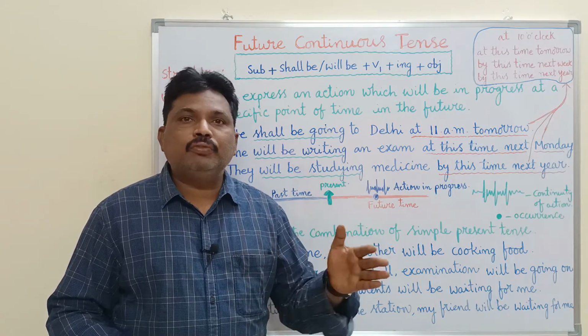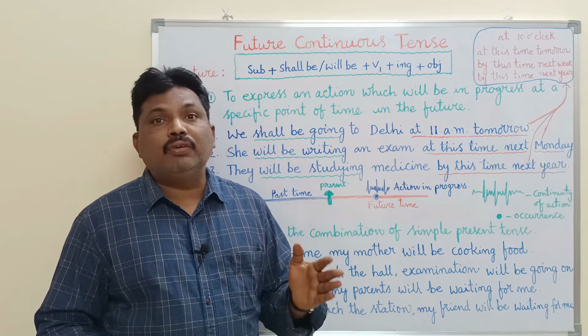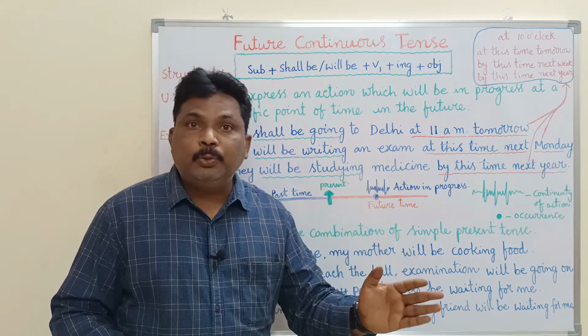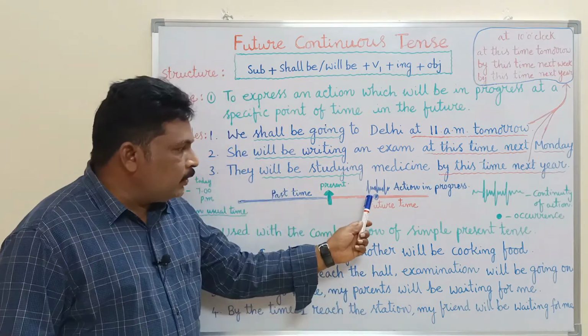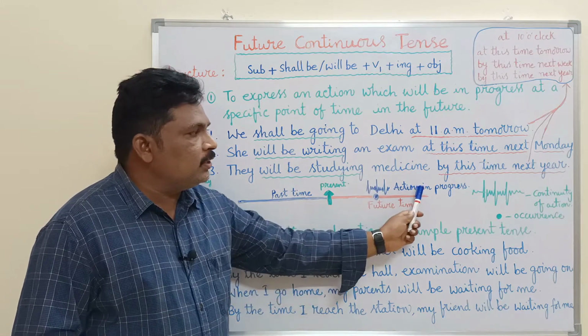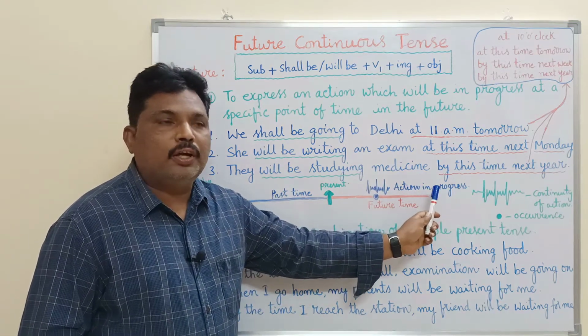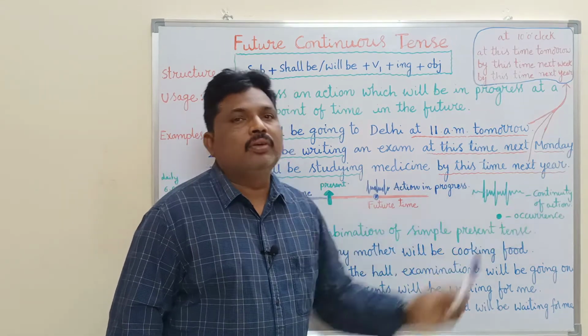This is in connection with the usage, and in examples we shall also find the differences related to time indicators. Let us see. At this point of time, action will be in progress, so we can say this is future continuous tense. This is the symbol of continuity of action.